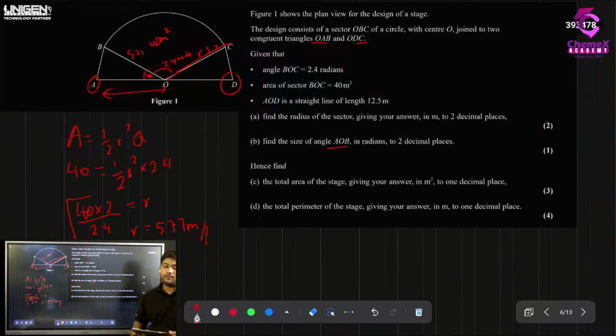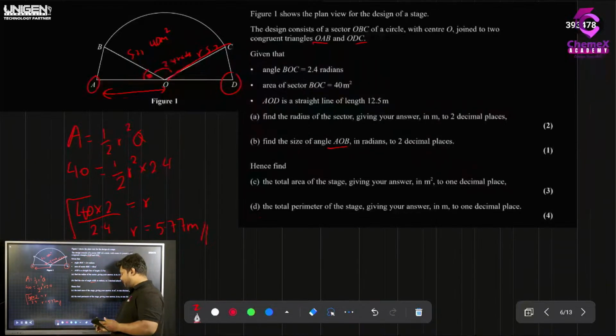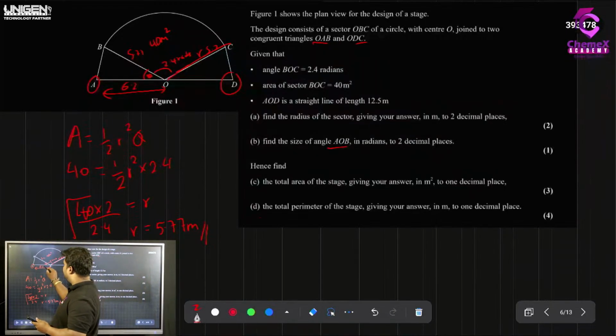What is half of 12.5? 6.25, right? This is 6.25. That's not the radius, but this is 6.25. This is 5.77.